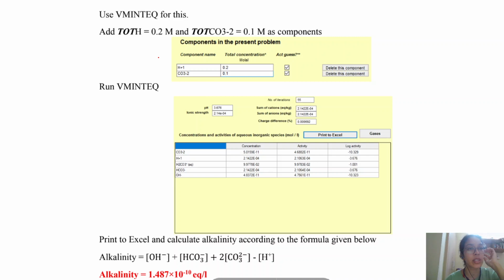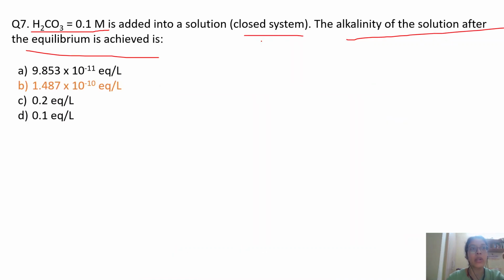How are we getting to this answer? We are using Visual Minteq for that. First, we will put total H as 0.2 molar and total carbonate as 0.1 molar. Why 0.2 molar and 0.1 molar? Of course, you know the equation, right?